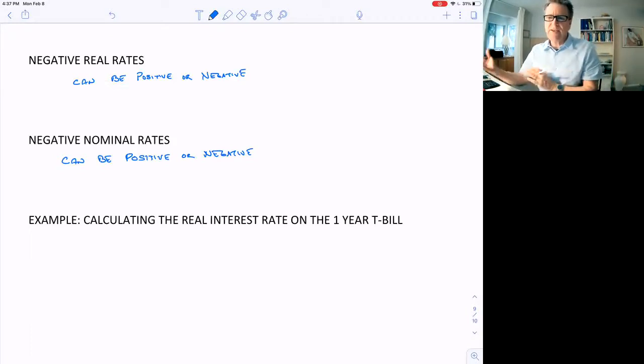If the inflation rate is greater than the nominal rate, then we're going to have some negative real rates. So let me show you some graphs of real rates in this country.